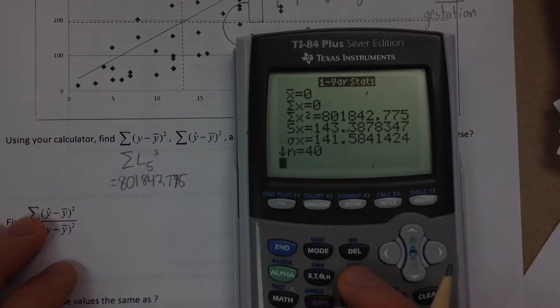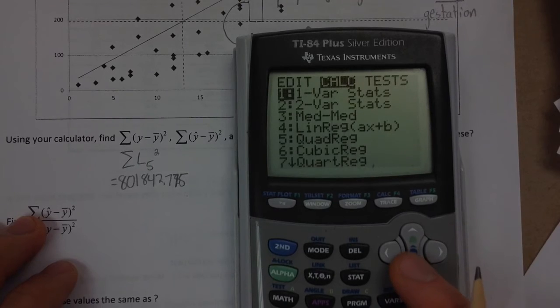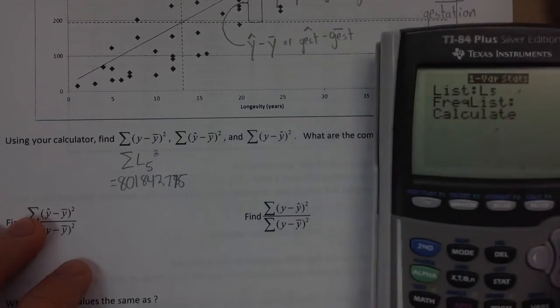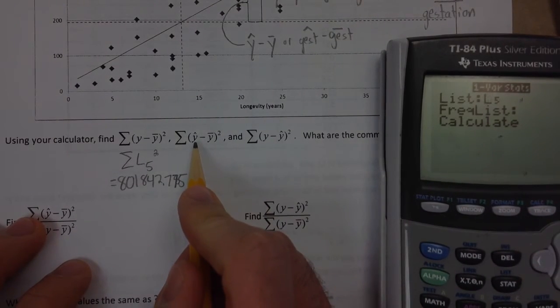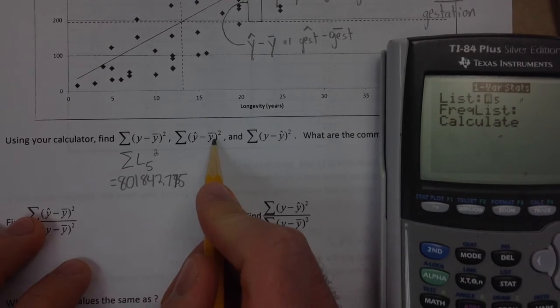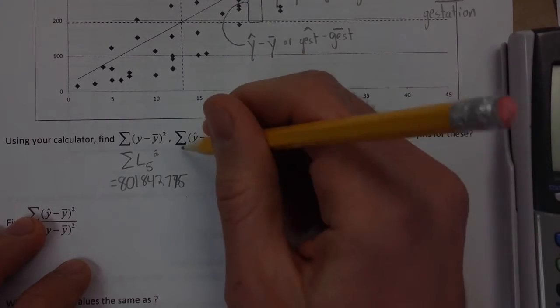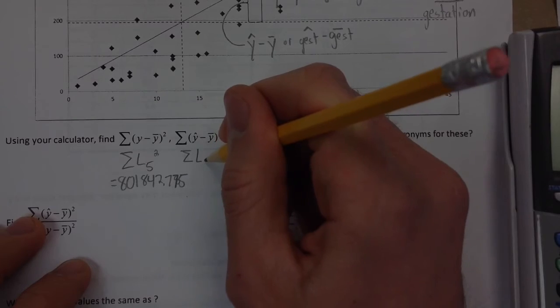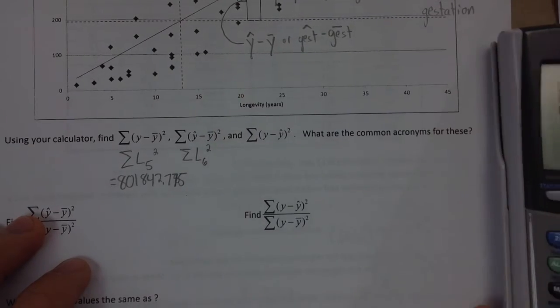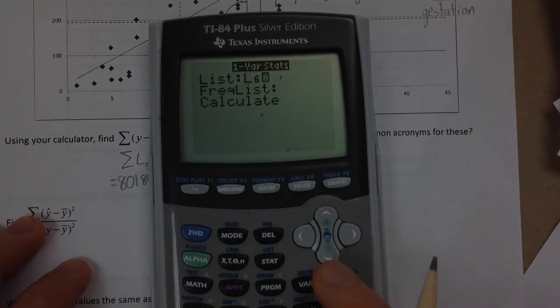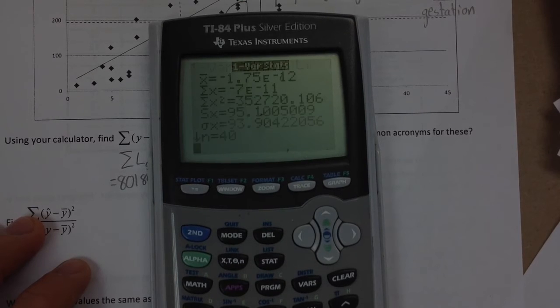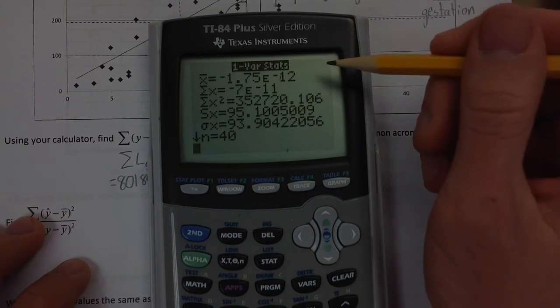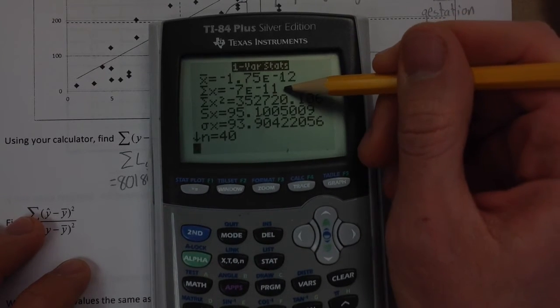Next, StatCalc 1. Where are our predicted deviations from the mean? Nice. I am so impressed today. Notice that the average and the sum are virtually 0.